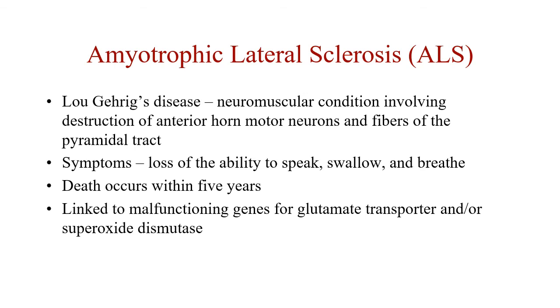It tends to kind of work from lower to higher, and so it's going to start to affect things like the muscles of the extremities first, and then work its way all the way up to the diaphragm as well, which is going to affect things like breathing, swallowing, speech, and things like that. Death is relatively progressive, although ALS can be, depending upon where that progression ends, something that a person can live quite long with.